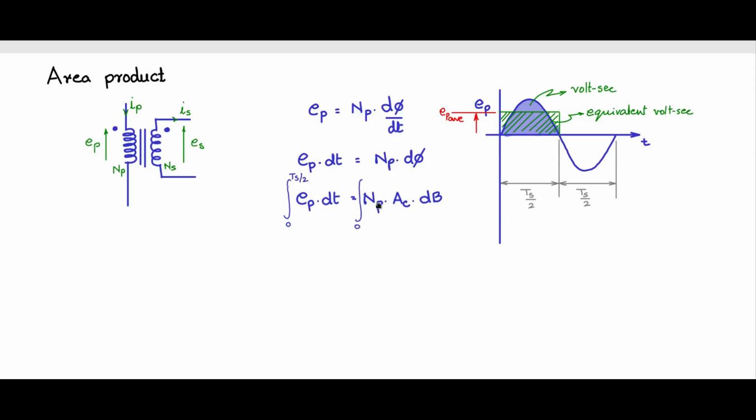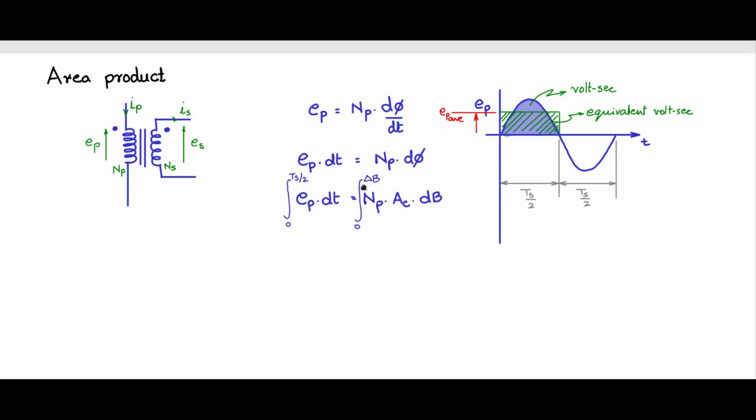So in Ts by 2 time, how much will the flux density vary? It will vary from minus Bm to Bm in most cases, but there are cases like the forward transformer where it will vary from 0 to Bm. We will say 0 to delta B, and then we can make delta B as 2 Bm or Bm accordingly, depending upon the topology used.